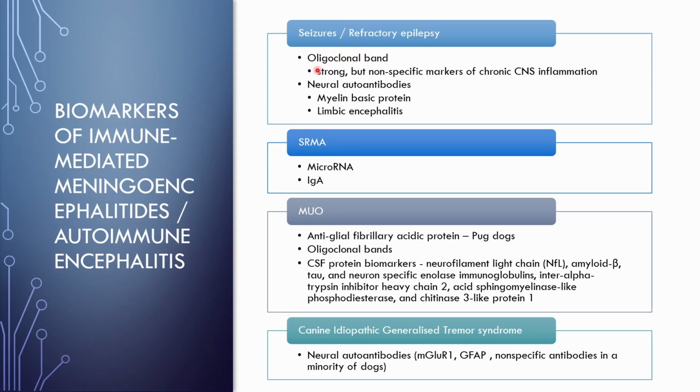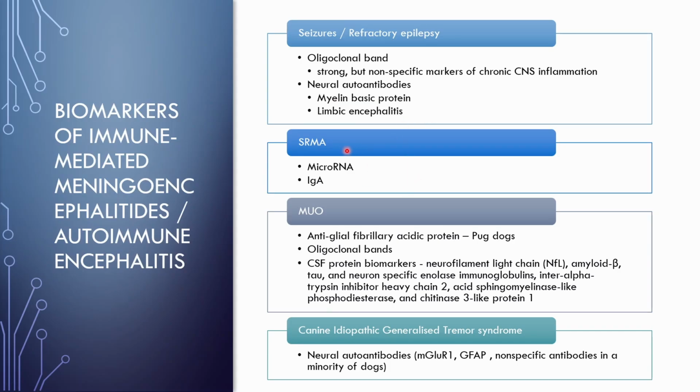So there's been some studies that have looked at oligoclonal bands, which are strong but non-specific markers of chronic CNS inflammation. And there are a few studies out there looking at the neural autoantibodies. So these are the antibodies against cell surface receptors and things like the potassium channel and myelin basic protein for diagnosis of these autoimmune encephalitis, in particular limbic encephalitis.